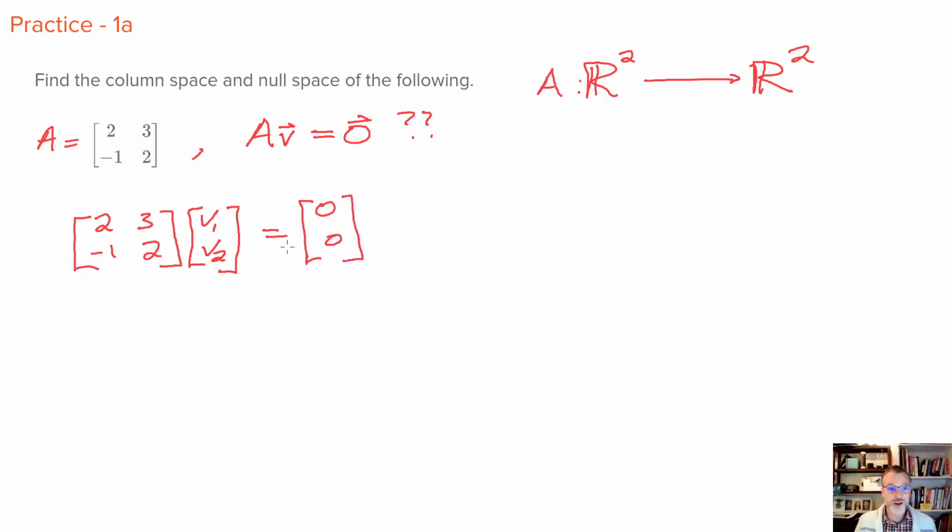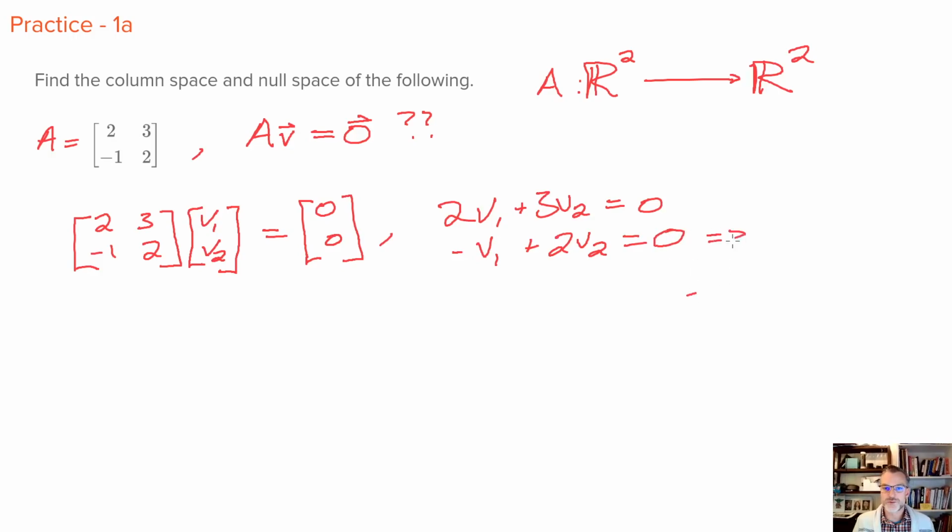If I can find a vector like this that gets mapped to the zero vector, that's going to be in the null space of that matrix A. So let's actually do this multiplication. I've got 2 times V1 plus 3 times V2 equals 0, and negative V1 plus 2V2 equals 0 as well.